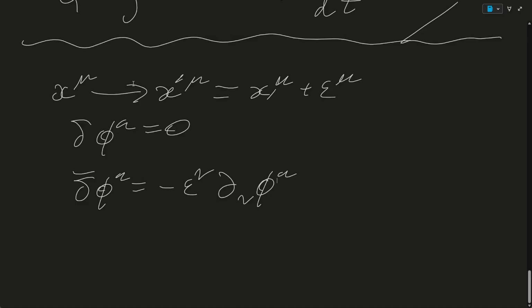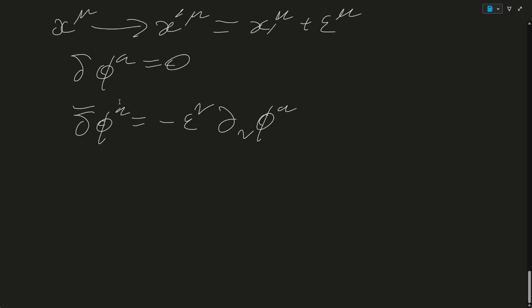Now, the total variation of the scalar Lagrangian under this coordinate shift is just a directional derivative. So we can plug that in, and you work through, and you then find out that this vector field k is epsilon to the mu times that Lagrangian density function.